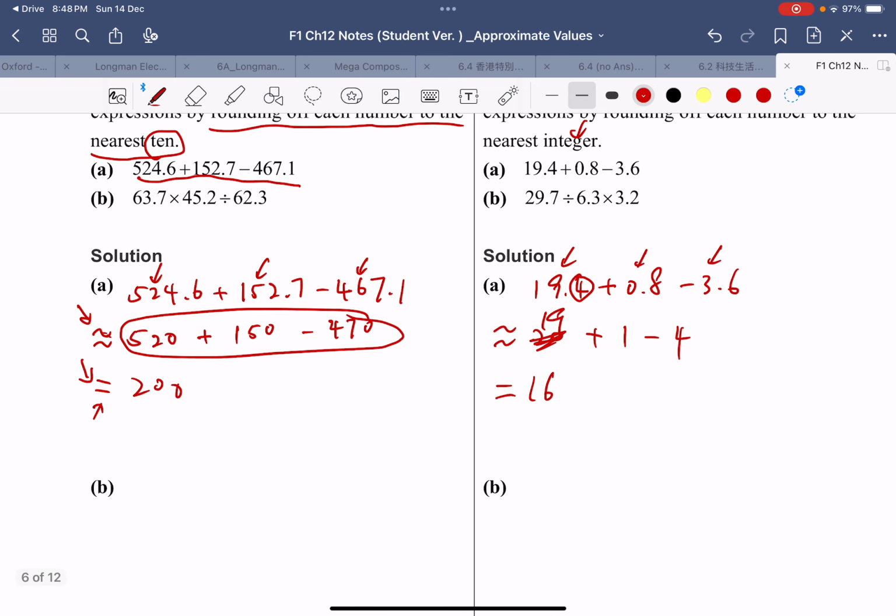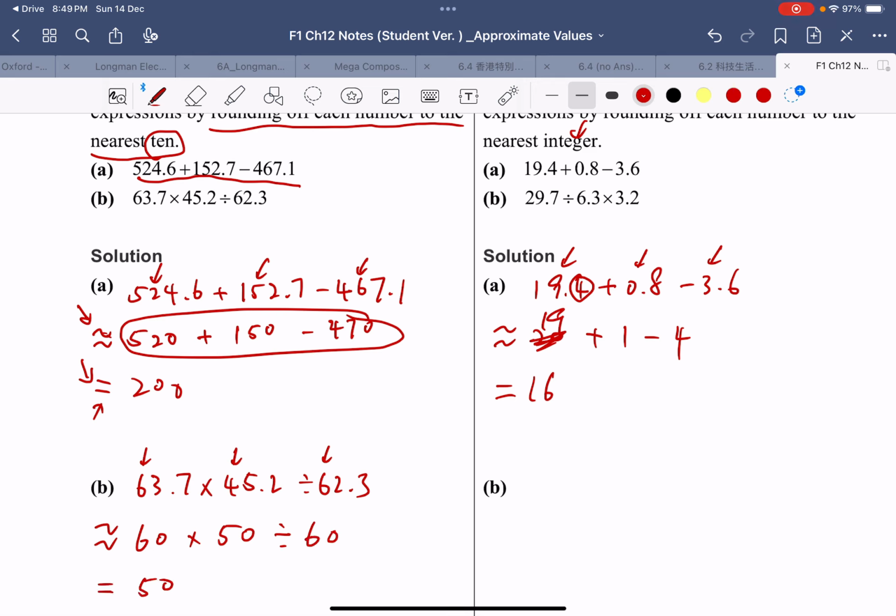Again, just copy the question first, and then approximately equal to nearest 10, right? 10 here. Be careful. 60, 50, 60. So the final answer should be 50.